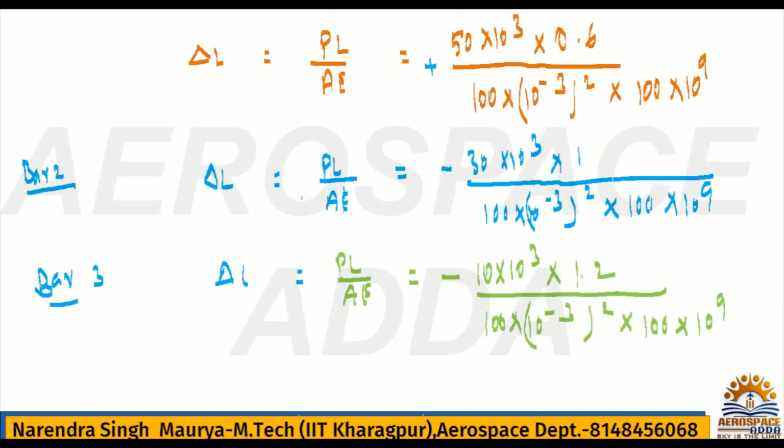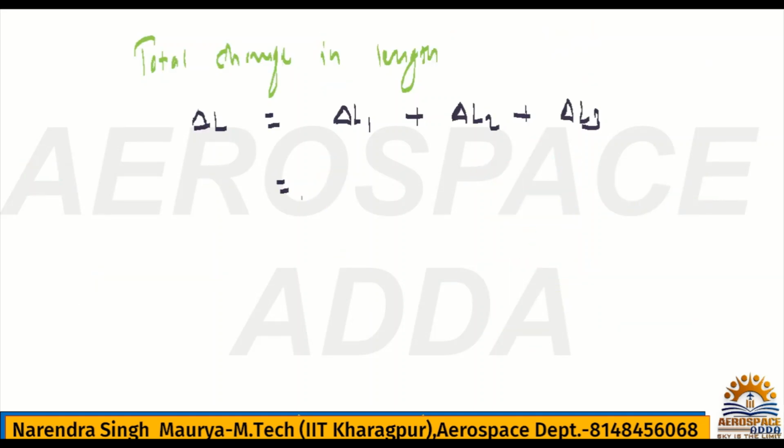If you check all three formulas, the denominator is the same, so we can also write the formula this way. Hope you understand this. 1 upon AE in bracket, P1 L1 plus P2 L2 plus P3 L3. Because AE is common, you can take it out.